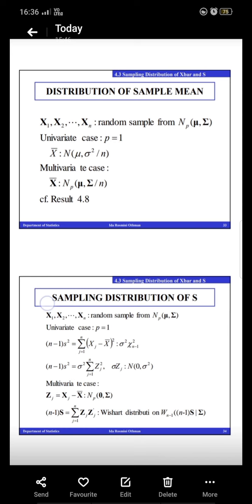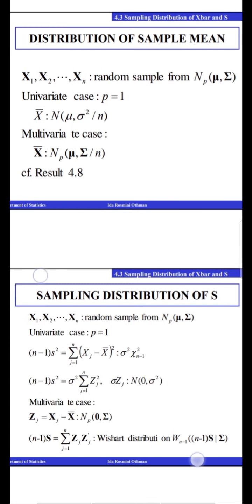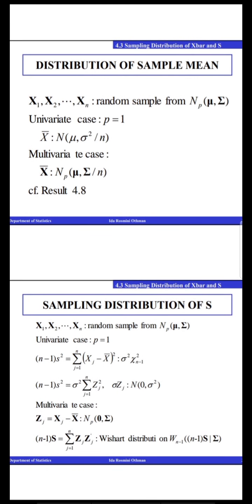Let's see the next one, the sampling distribution for the sample variance covariance matrix. Recall the univariate case, when x is from a normal population.